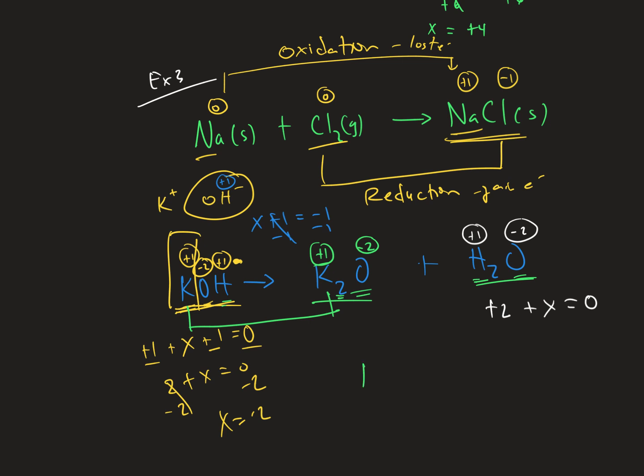No. No redox. So is it precipitation or acid base? No, because it's not a double replacement reaction. So what do we call this? Maybe no reaction, right? This doesn't really happen.